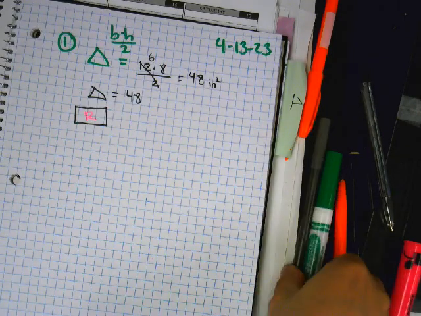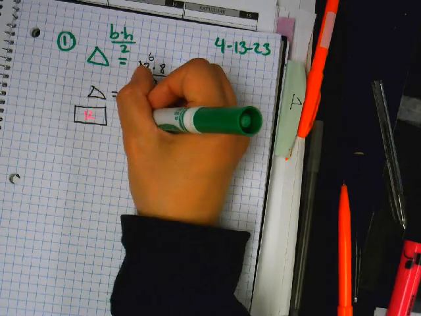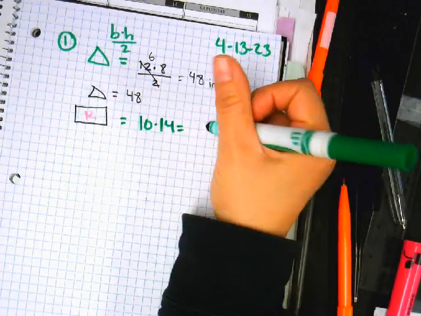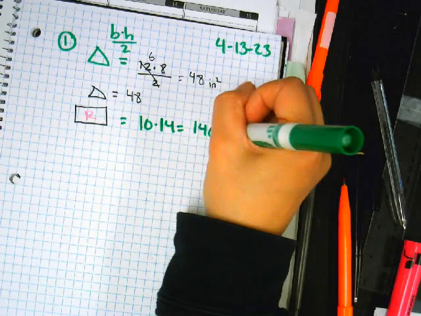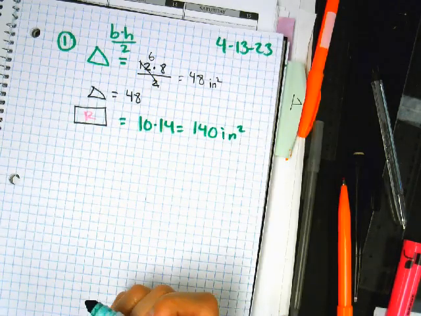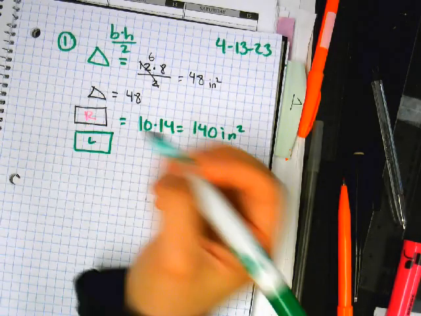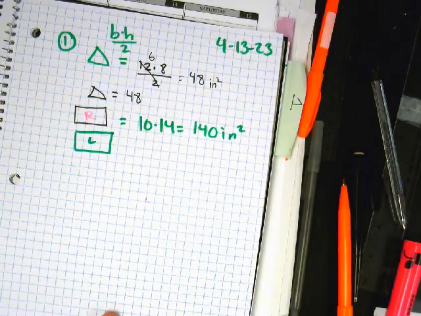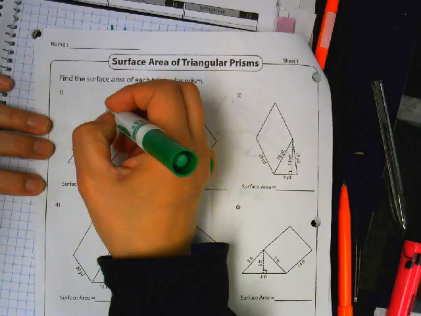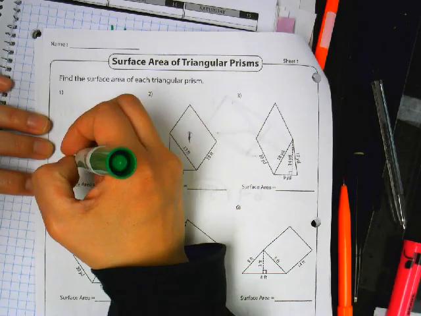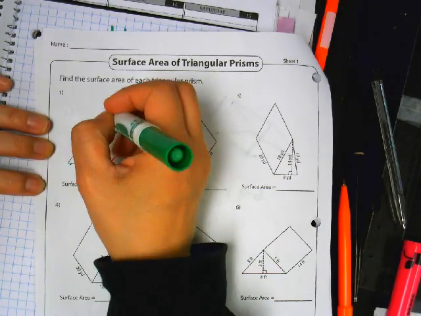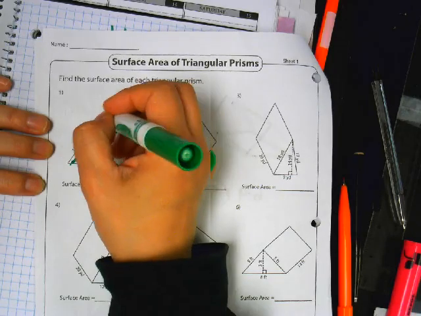Okay, so the right rectangle would be 10 times 14, which is equal to 140 inches squared. Now, the rectangle on the left would be this rectangle over here that you don't see.